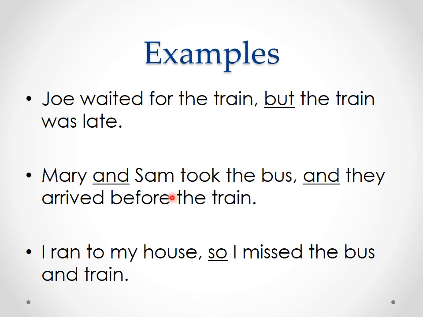In the second sentence, Mary and Sam took the bus and they arrived before the train. Here two nouns, the names of persons Mary and Sam, are joined by and, and this is a compound subject. Then again here also and is used to join the two clauses. In Mary and Sam, these two act as a single unit, whereas because of this and, the two clauses are joined together.